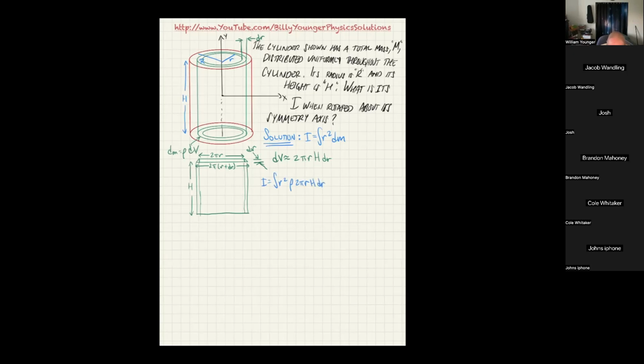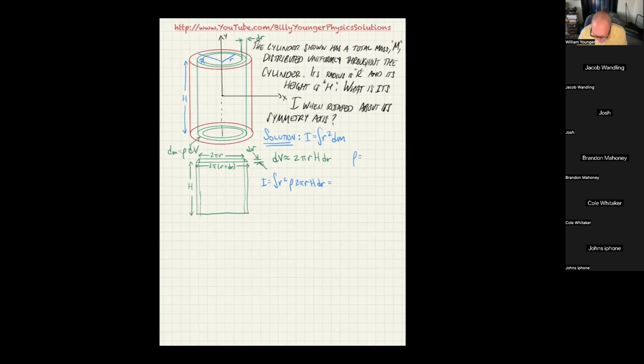So can anybody tell me what rho would be? Density? It would be the density, but can you give me a formula in terms of m, big R, and big H? Pi r squared h over m.